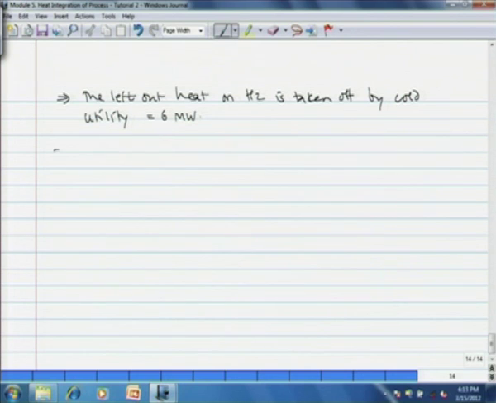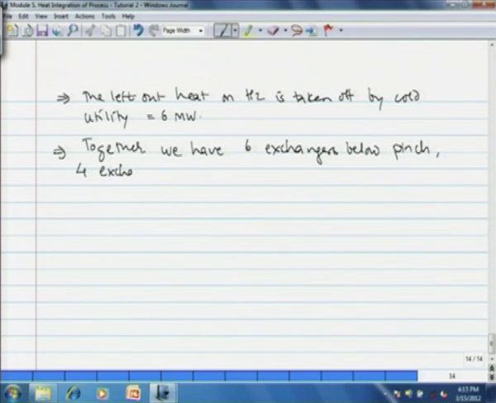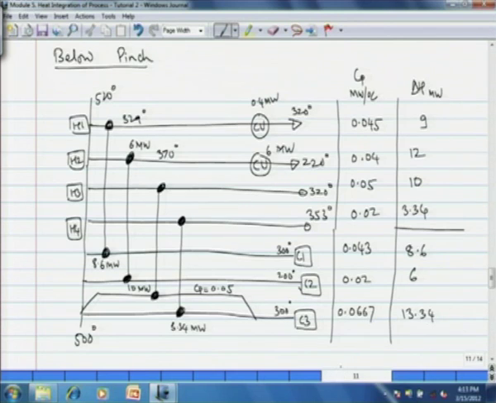So, together we have 6 exchangers below pinch, four exchangers are between process streams, and 2 exchangers of utility. So, that completes our heat exchanger network design above and below pinch.